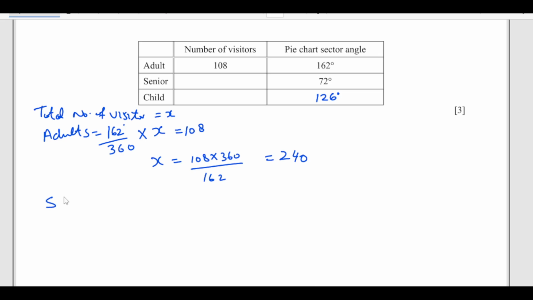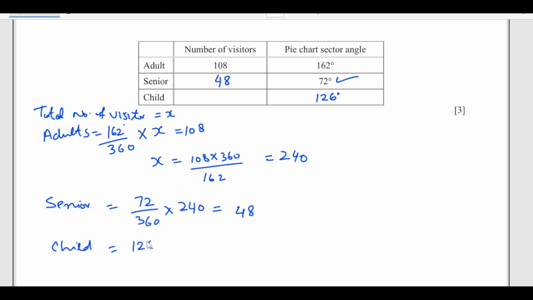So now we can find out the seniors. We have the angle 72. 72 is out of 360 and we are looking out of 240, the total number. So this is 48. And for child, the same way, how many child visitors are there?